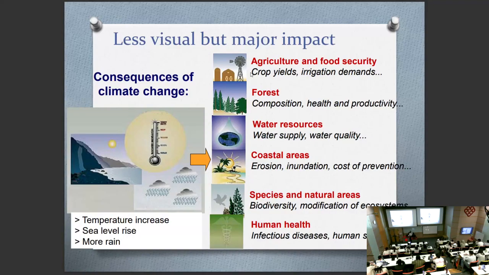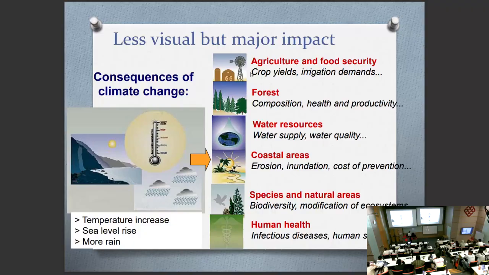Okay, agriculture and food security. So for the food in Hong Kong, maybe the apple that we eat, okay, they are from China or maybe from the US, and the climate in those areas will highly affect the yield of these crops or food.